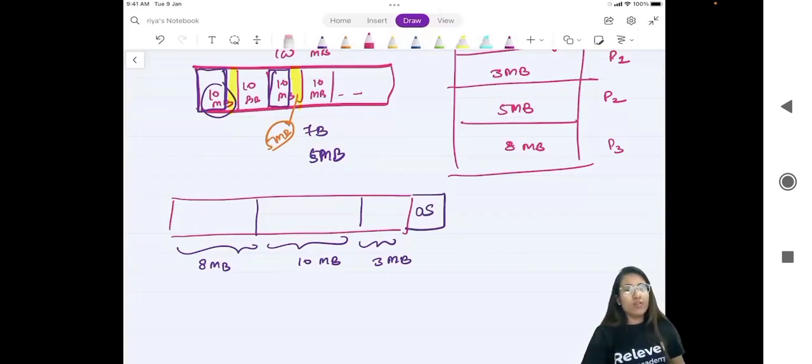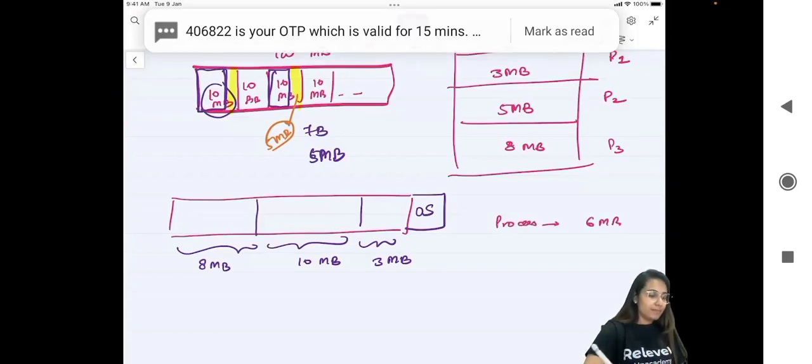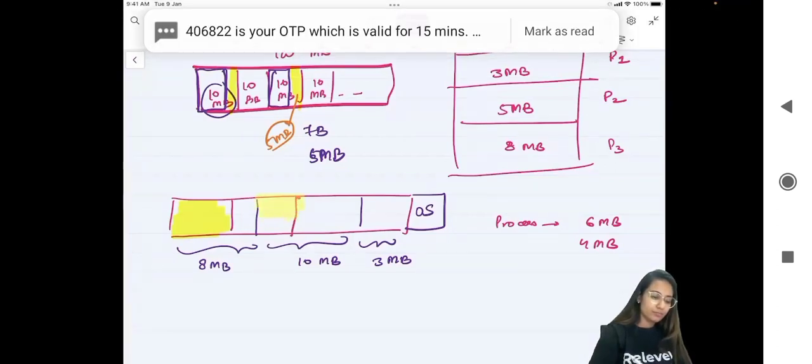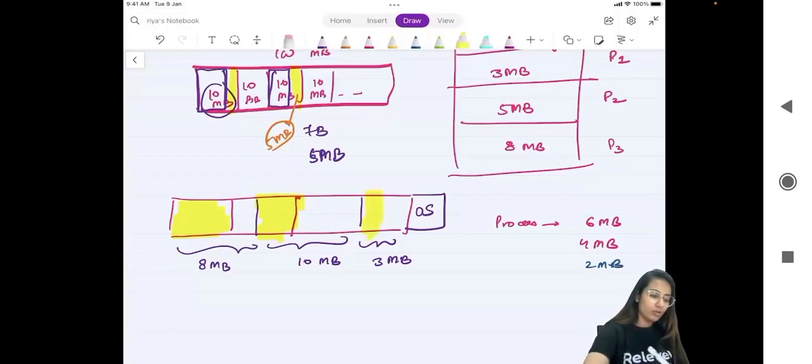Now, a process came in for 6 MB, so you allocated 6 MB to it. Then a process came in for 4 MB, and you have no option but to allocate the 4 MB to this one. Then a process came for 2 MB, and this is the only partition where you can let it go.